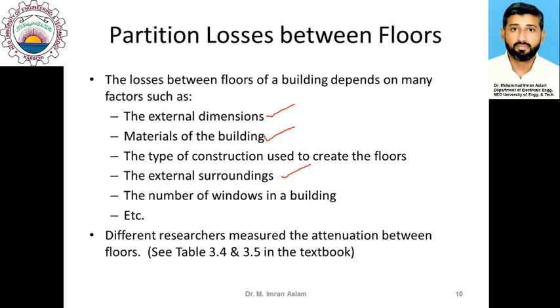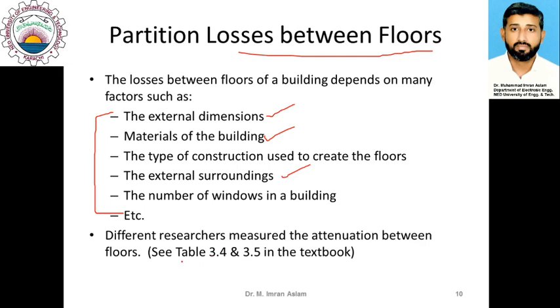The number of windows present in those buildings also affects the losses. So basically there are a variety of different parameters which affect the losses when the signal propagates from one floor to another floor. Different researchers have done measurements in order to calculate the loss or attenuation between floors.